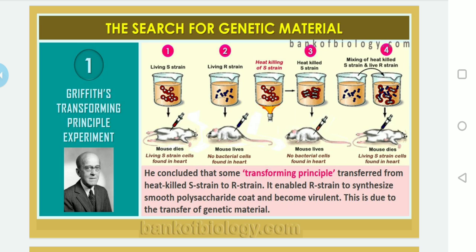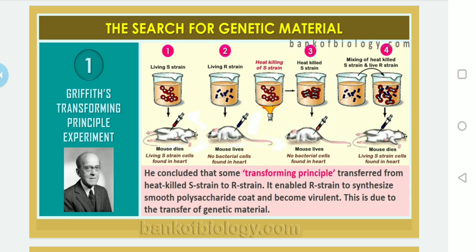So from the above experiment, he observed that some transforming principle transferred from the heat-killed S strain bacteria had enabled the R strain bacteria to synthesize smooth polysaccharide.